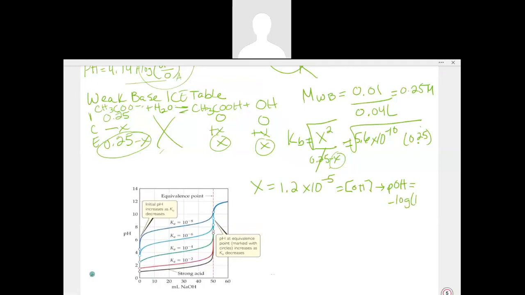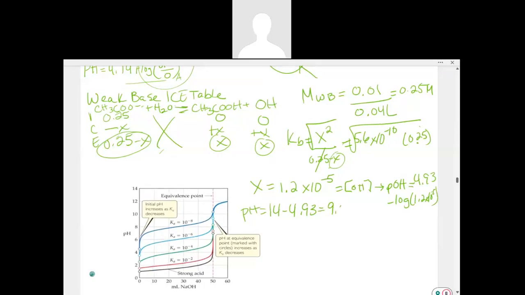If I take the negative log of 1.2 times 10 to the negative 5, I get a pOH value of 4.93. Now to find pH at this point, I can simply do 14 minus 4.93, and that gives me a pH of 9.07. So this is a basic equivalence point, and that makes sense with a weak acid, strong base combination.